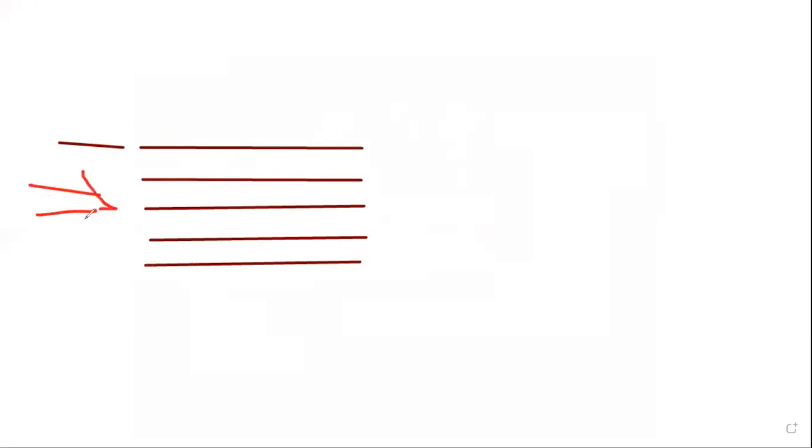Now, suppose here I'm drawing. Suppose these are the horizontal layers present in the rock. Suppose the force is acting from both the sides, from this side and this side, on these horizontal rocks.